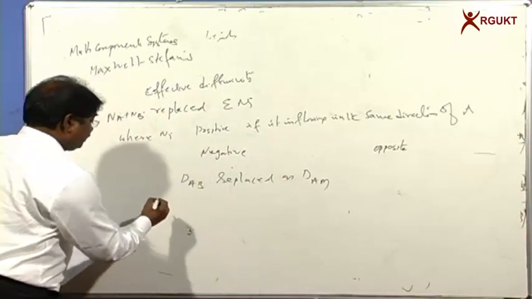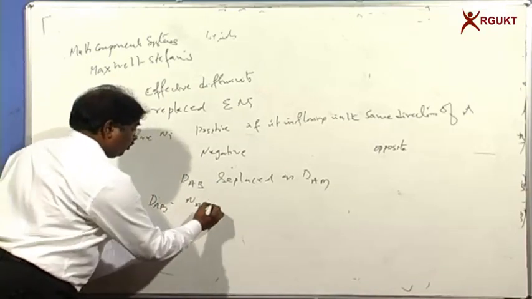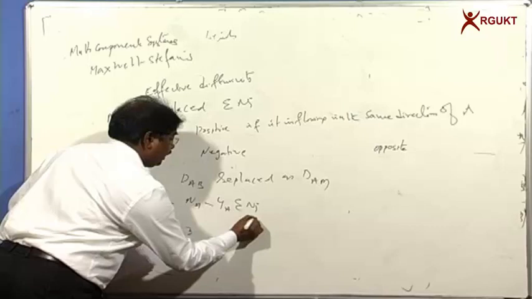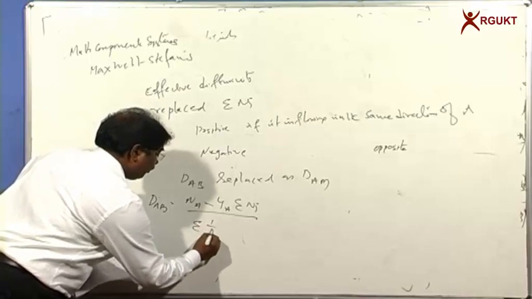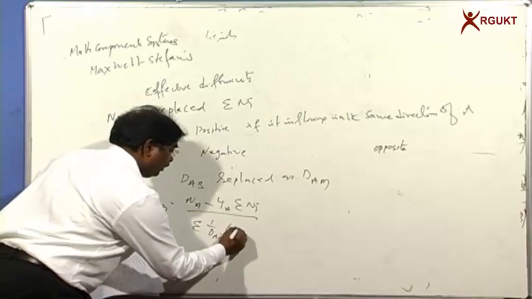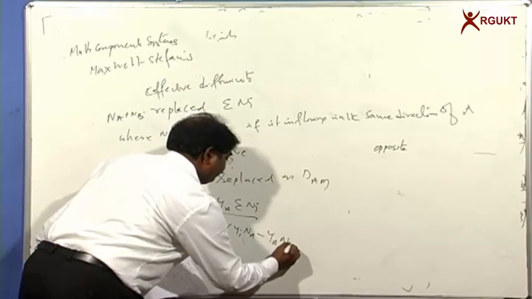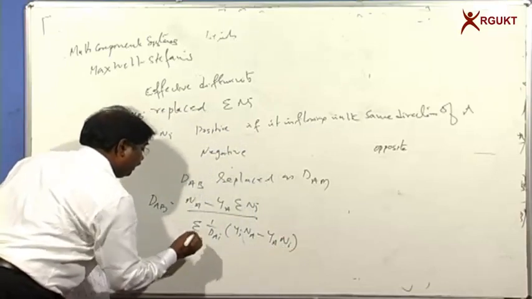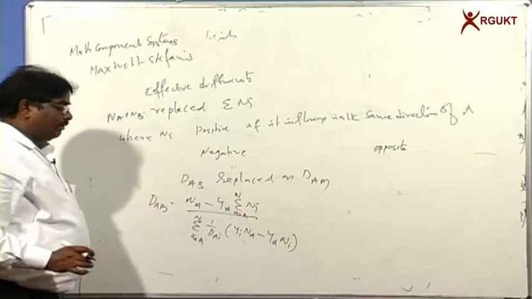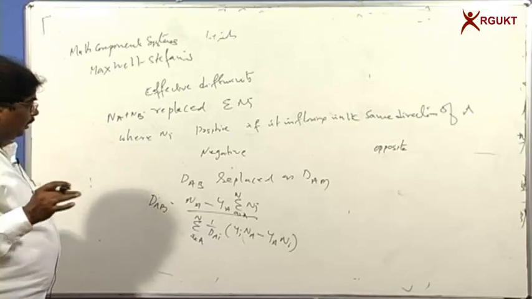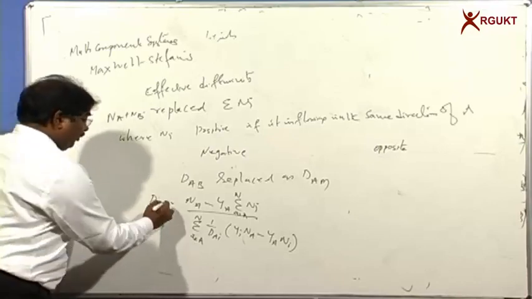This effective diffusion coefficient DAM can be written as NA minus yA times the sum of Ni, divided by the sum of (1/DAi)(yA Ni − yi NA), where i runs from A to N. So if you know the fluxes of components A, B, C up to N, one can substitute them in this expression and calculate the effective diffusion coefficient.